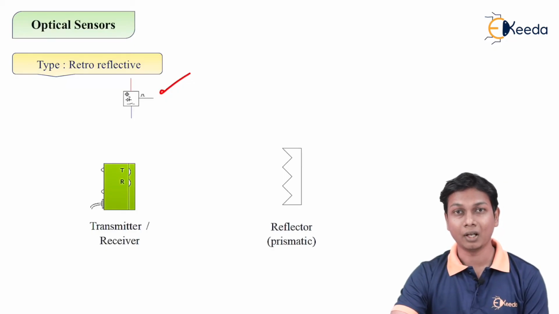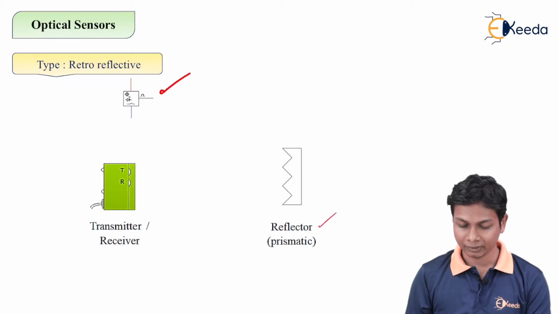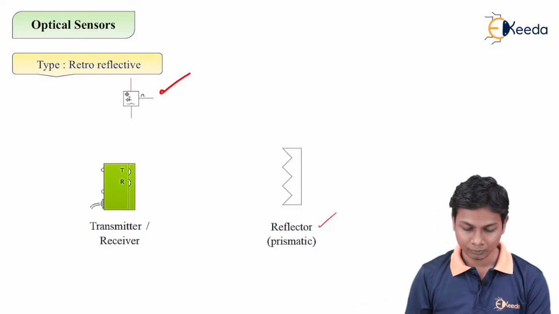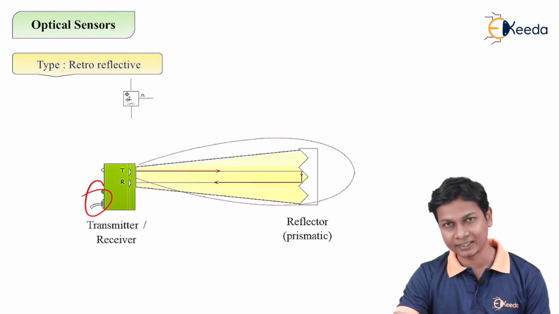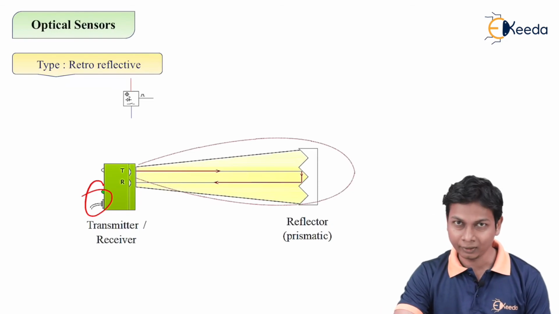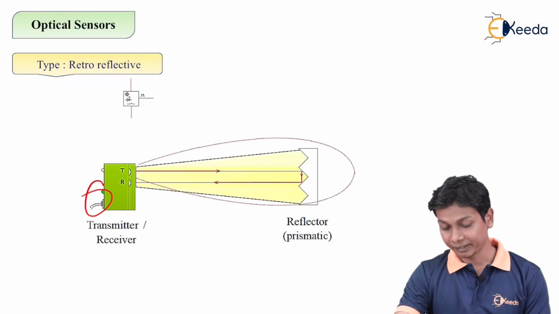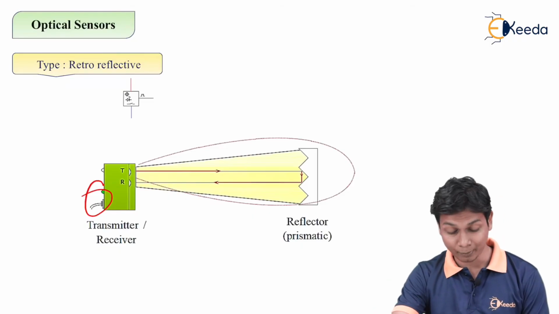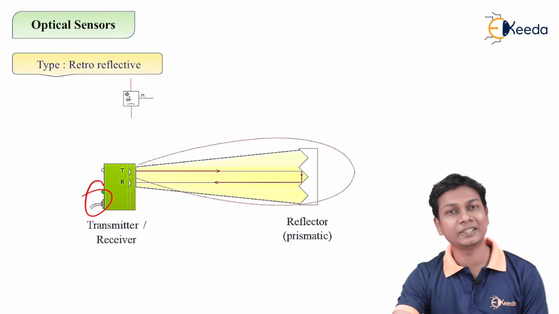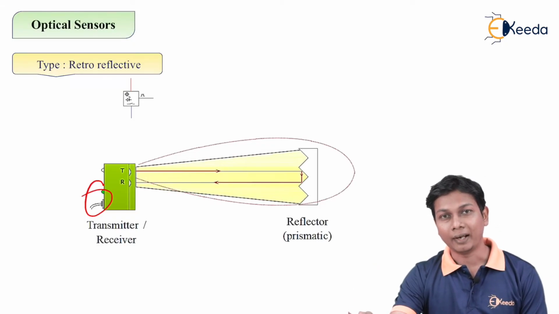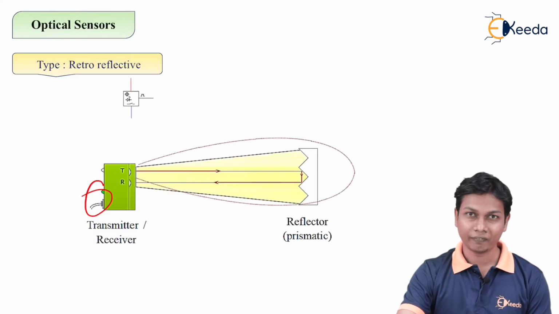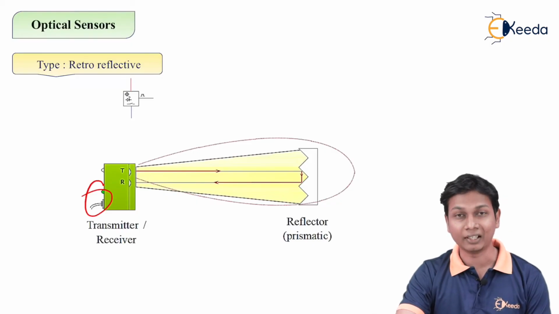So the transmitter as well as the receiver work in the same unit. Here there is a reflector, which is also called a prismatic reflector. When the signal is transmitted, it is reflected back by the reflector and received at the same time.